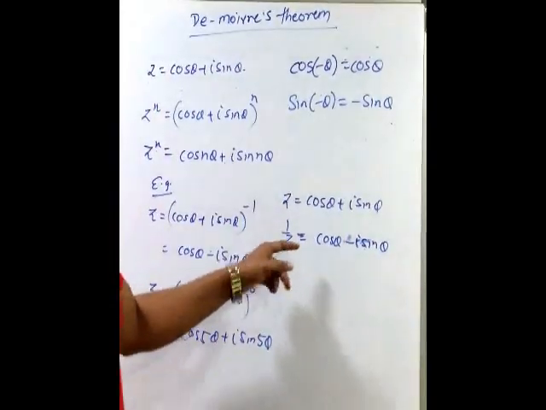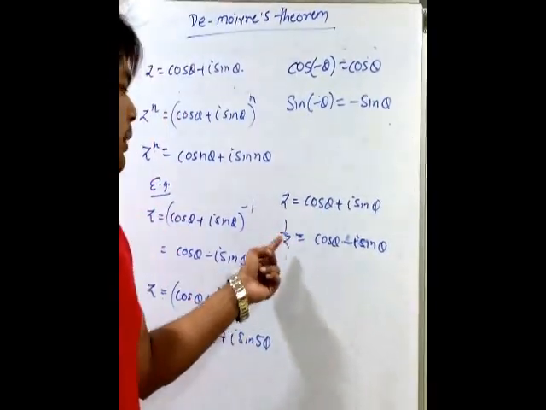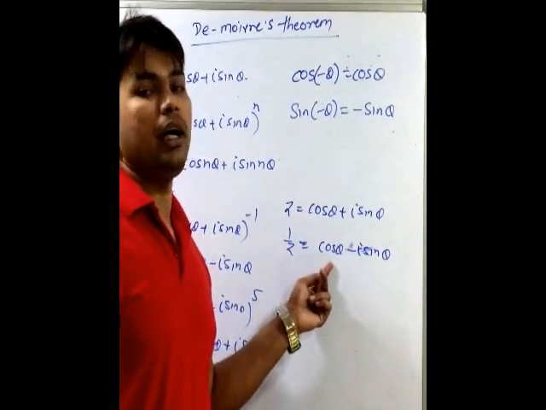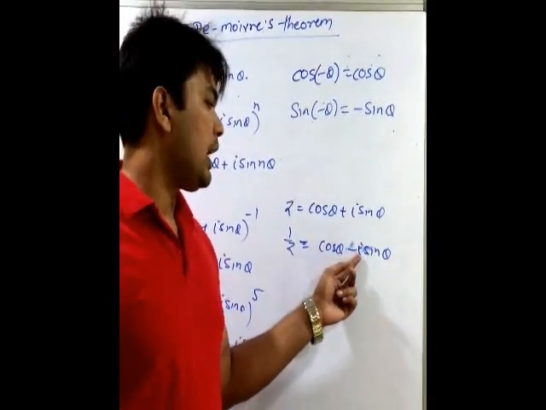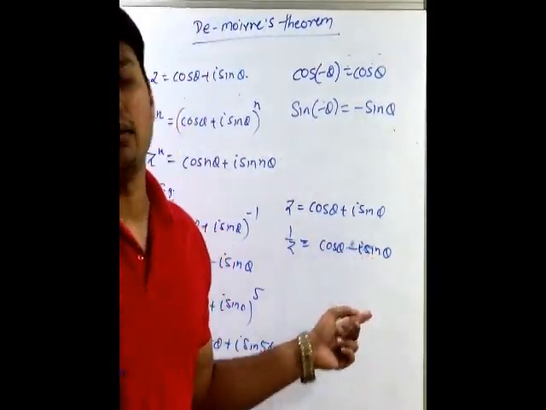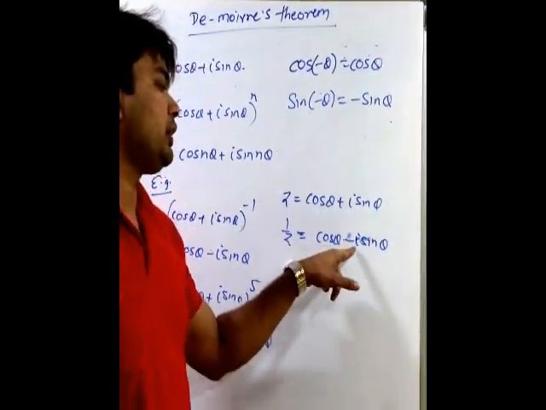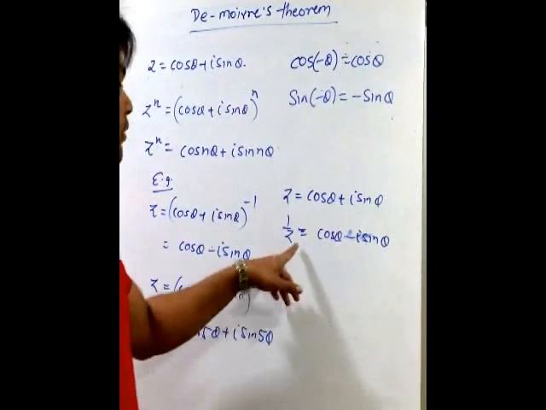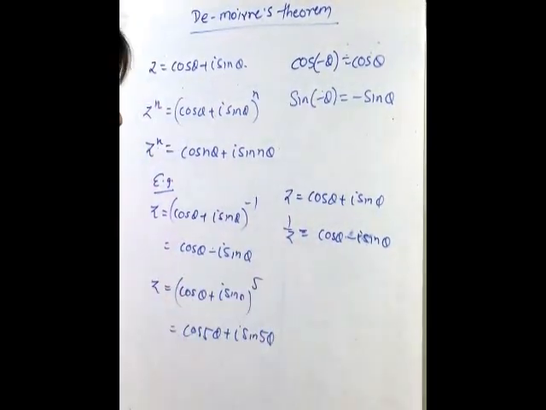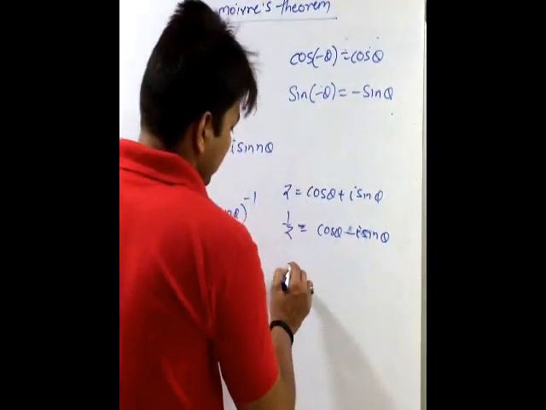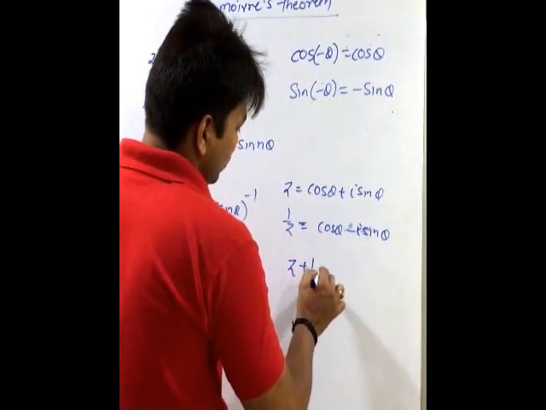So from here you will get 1 by z equal to cos theta, cos minus theta is cos theta, plus i sin minus theta. Sin minus theta is minus sin theta, so plus times minus becomes minus. So 1 by z will be equal to cos theta minus i sin theta. Now just add this to z: z plus 1 by z.